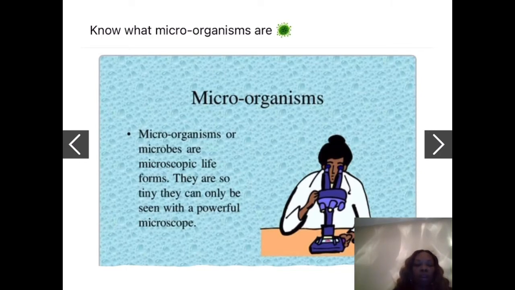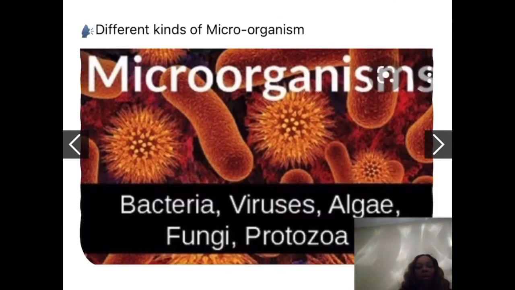Microorganisms are microbes or microscopic life forms. They are so tiny that they can only be seen with a microscope. There are different kinds of microorganisms. You have bacteria, virus, algae, fungus, and protozoa.